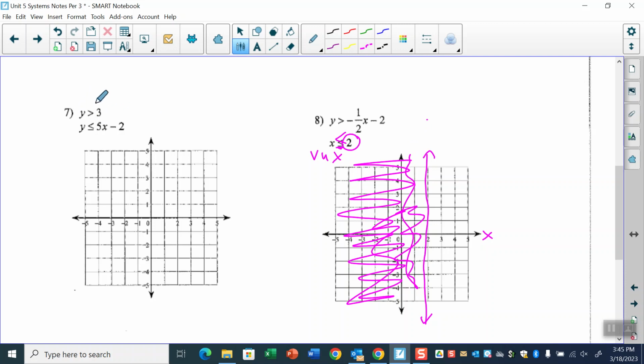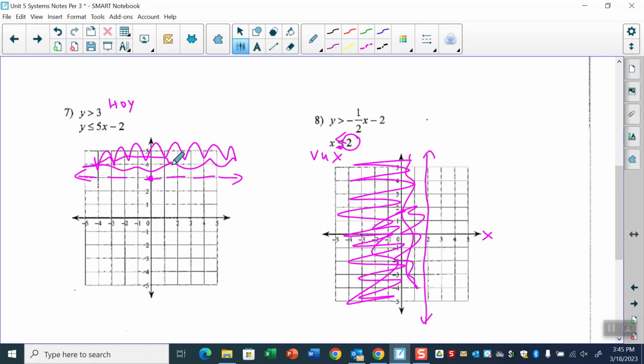And then this one right here is y is greater than 3. So this would be a hoy. So that's a 0 slope. That's horizontal, and the y is at positive 3. And it's dotted, so it would be like this. And again, just type those into Desmos to check your work, to check how to shade.